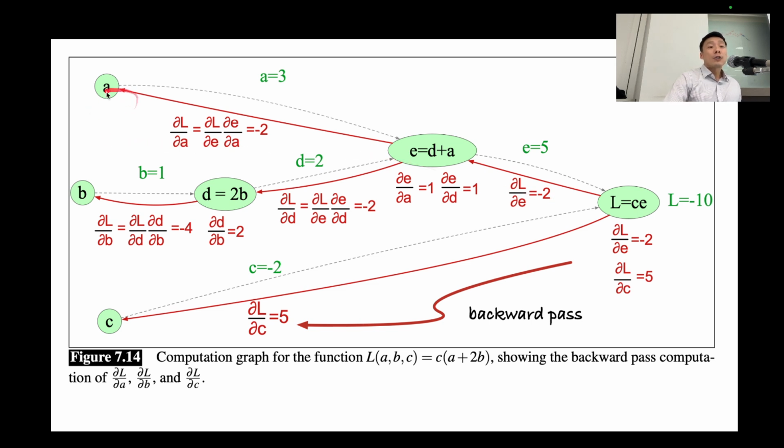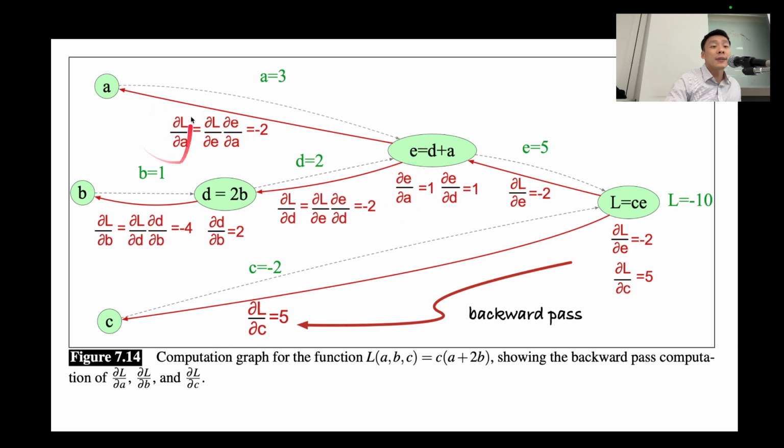So all the way back here, you can apply the chain rule using the computation graph. To compute dL by dA, it depends on dL by dE and dE by dA, which we compute right here.